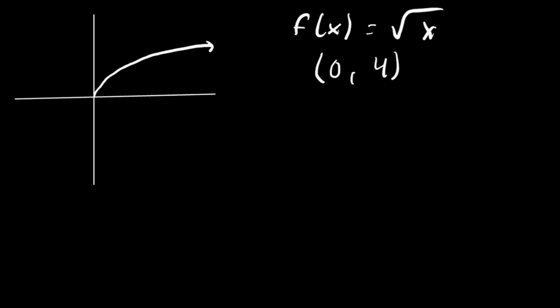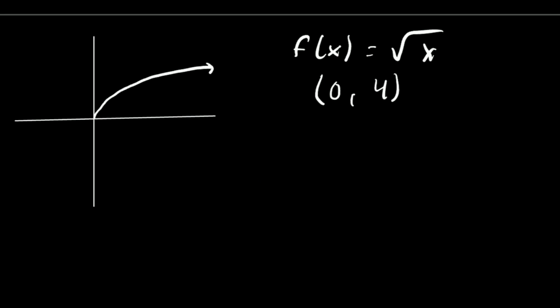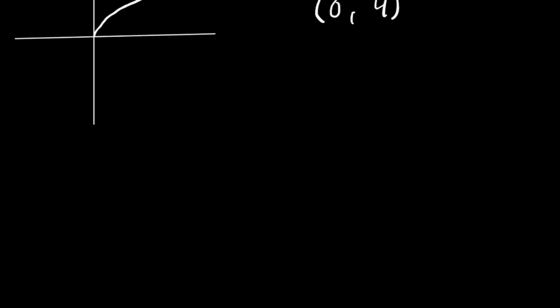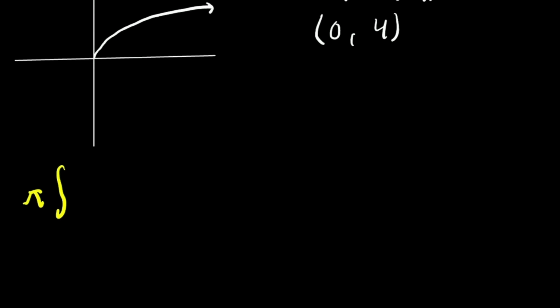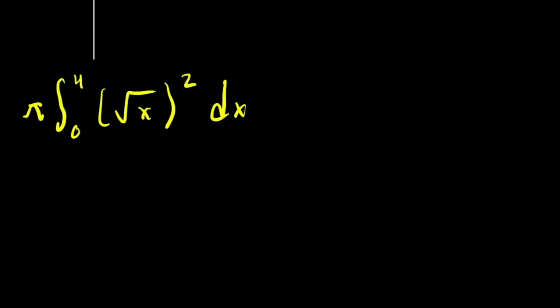And it's bounded by the x-axis, and we're revolving it about the x-axis. So let's do our formula once again. Pi times the integral from 0 to 4 of f of x, which is root x squared dx.